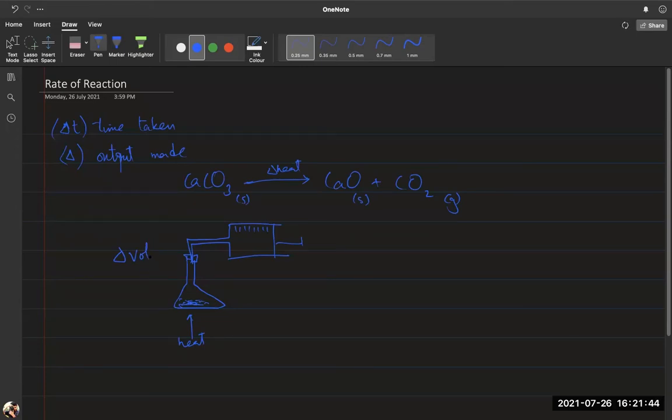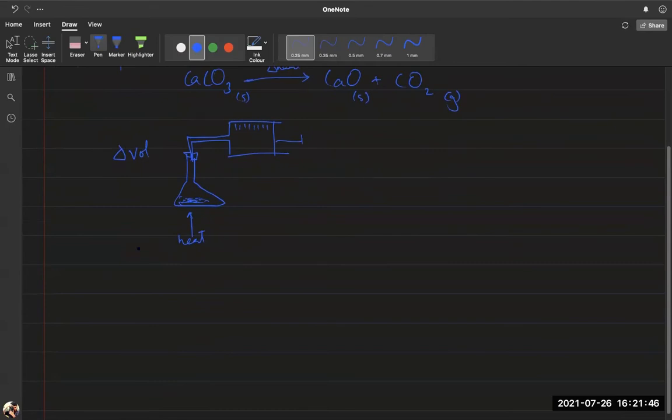So this thing you can do by first making a table. You take some time, and on the other side, you're taking the volume. So at 0 seconds, the unit is usually written in parentheses, the volume, which could be in centimeter cube, for example, is 0 cm cube collected.